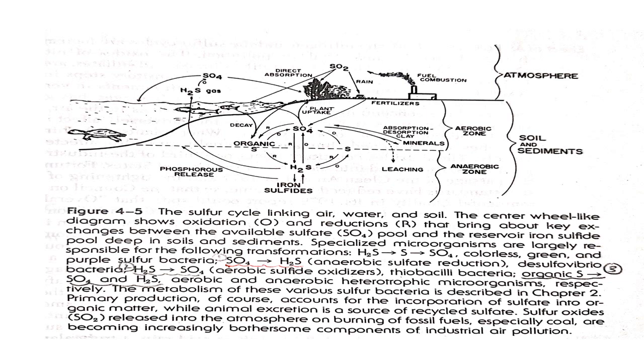The non-sulfur photosynthetic bacteria, which are also present in the aerobic zone, can also function as heterotrophs in the absence of light, and they can work with algae.